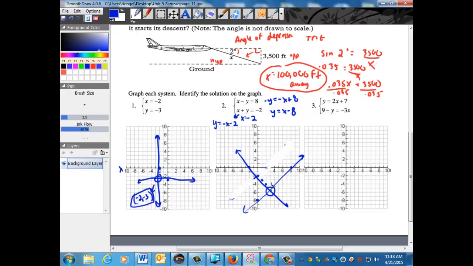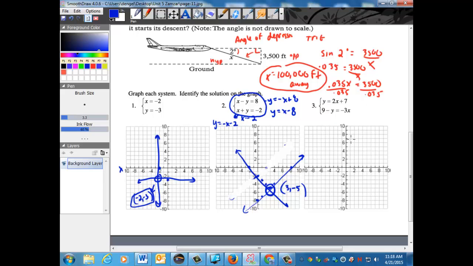Very challenging to see. Looks about right there. Then y is equal to x minus 8, up 1 over 1, up 1 over 1, up 1 over 1, up 1 over 1. Good. So there's our point of intersection. That point is going to be 3, -5. When I plug in 3 and -5, both of these conditions are met. So that works.